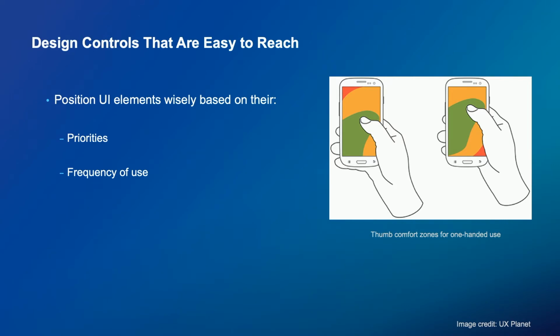So the green area is the most comfortable zone for your thumb. If we take this into consideration in your mobile design, then we might want to consider laying out your elements, for example, differently from a desktop view, based on their priorities and frequencies.